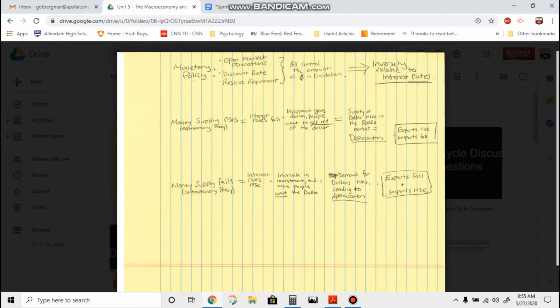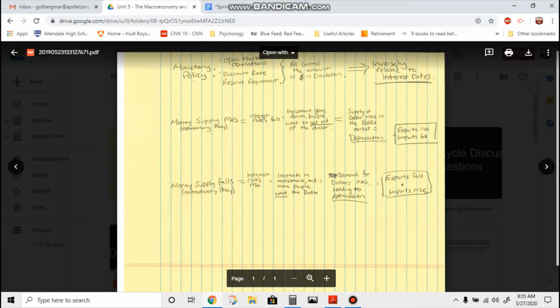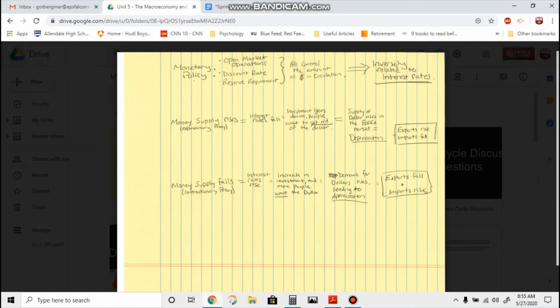Because if you are looking to save your money, if you're looking to invest your money, you want to invest it in something that has a high rate of return. And if the interest rate is going down, that means that you do not want to invest in that project or in that investment, whether it be a bond or a stock or something like that, right? And so people are going to want to get rid of the dollar.